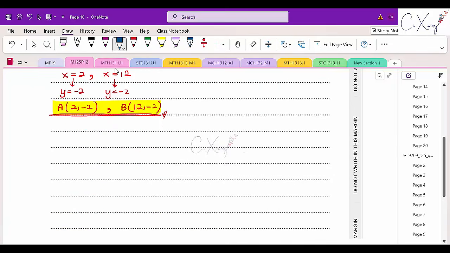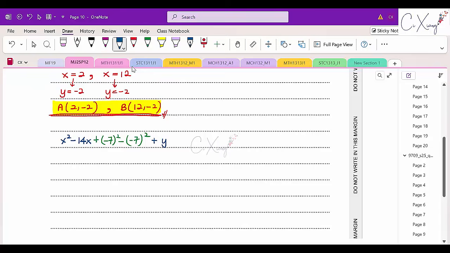Again, I'm having x squared minus 14x, right? I group all the x terms together first, then I start the completing the square process, plus something squared minus something squared. The something should be the coefficient of x divided by 2. So negative 14 divided by 2, you get negative 7, and this one is negative 7 as well. After that, for y also, I want to complete the square.